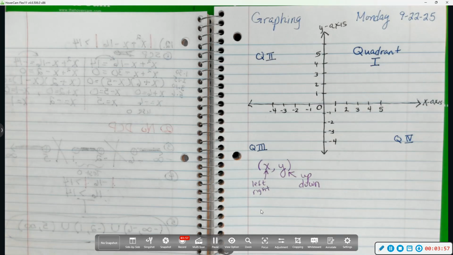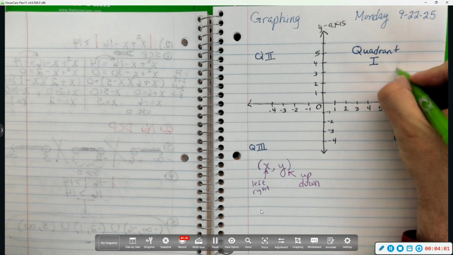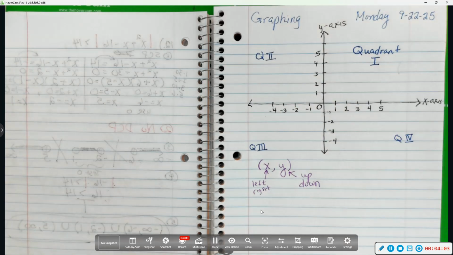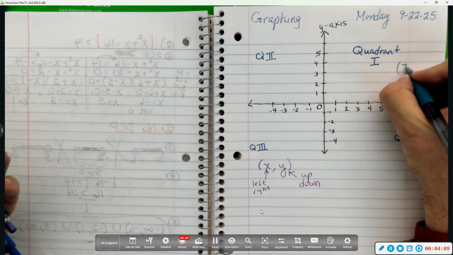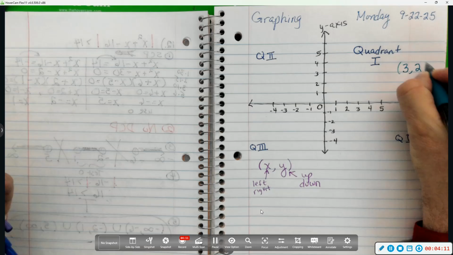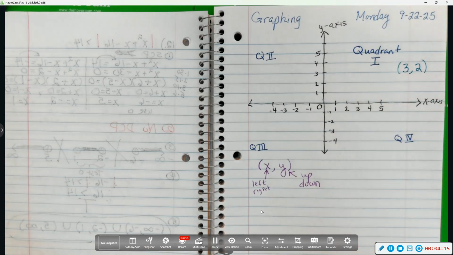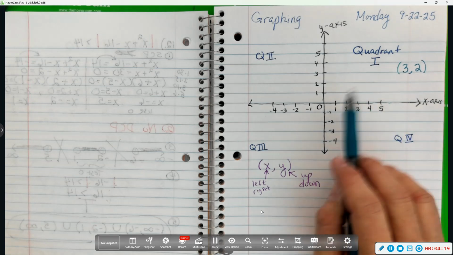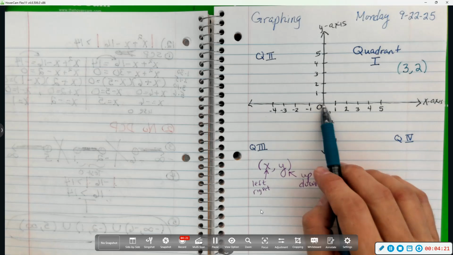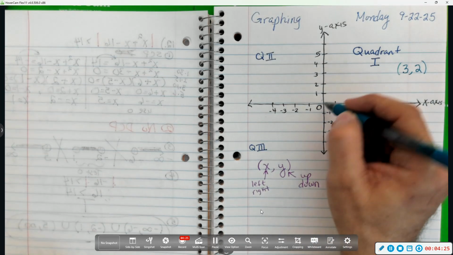Let's plot the point (3, 2). This is an ordered pair. You start right here at 0. This is always the starting point. Let me give a little terminology.